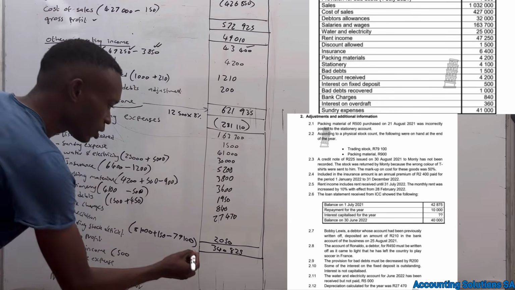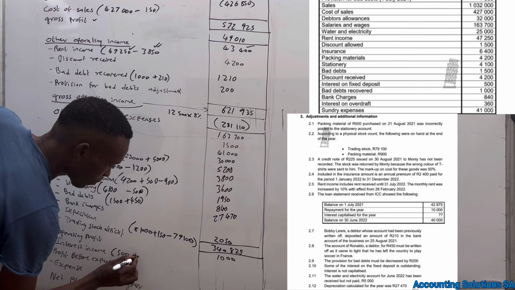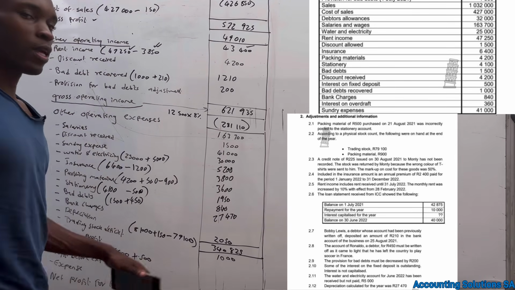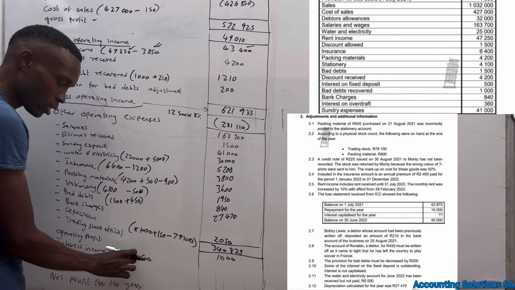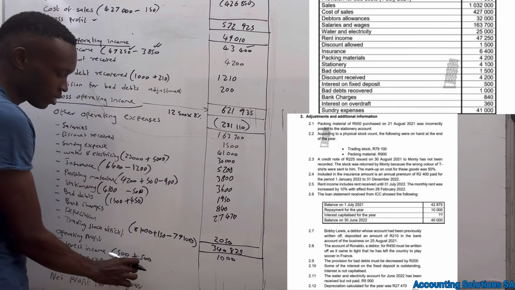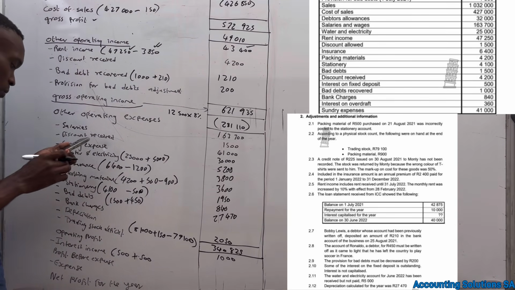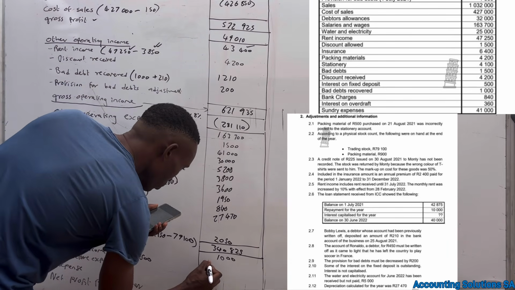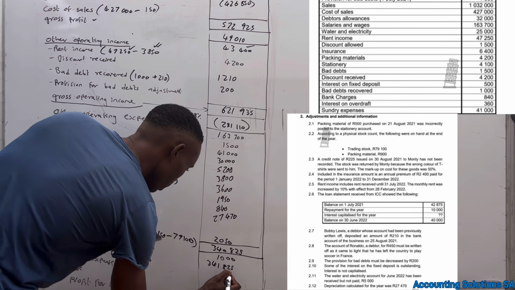From 1,000 total, we must add 500. That's why they say that the sum is not capitalized. They only recorded for half of the year. The other one we have to record. Profit before tax, we just take this one plus this one. It's gonna give you 341,850.